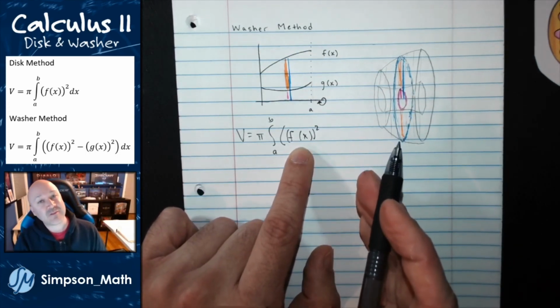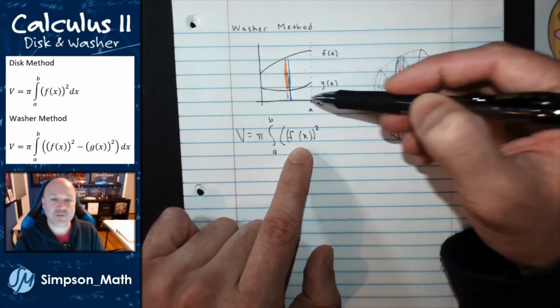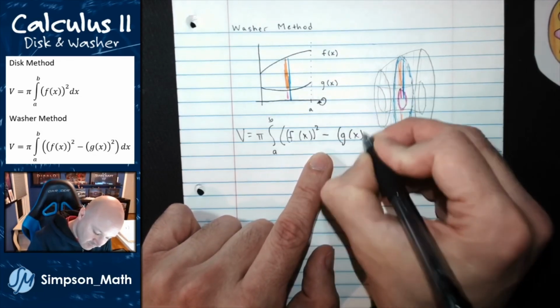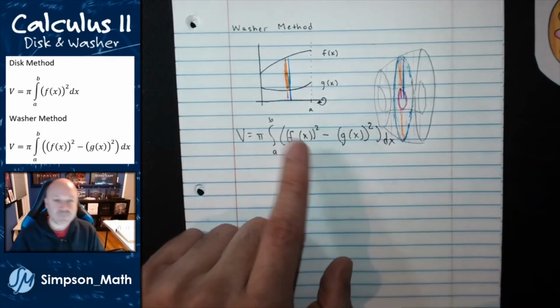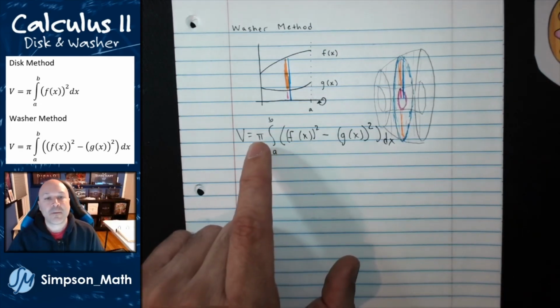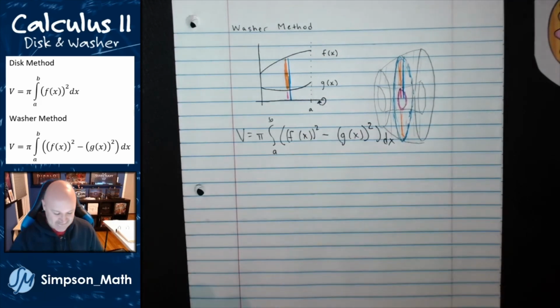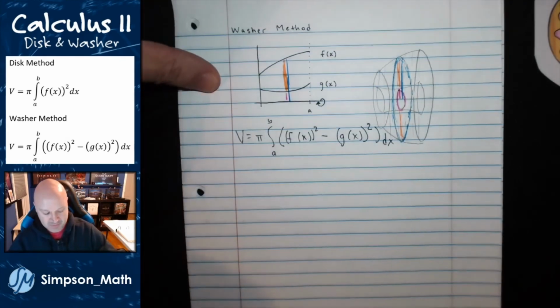If I'm looking at this with respect to y, it could mean the highest, if I'm talking about with respect to x, minus the bottom function squared, pi r squared. All right, let me jump into an example, and it'll make some sense, I'm sure. I promise.